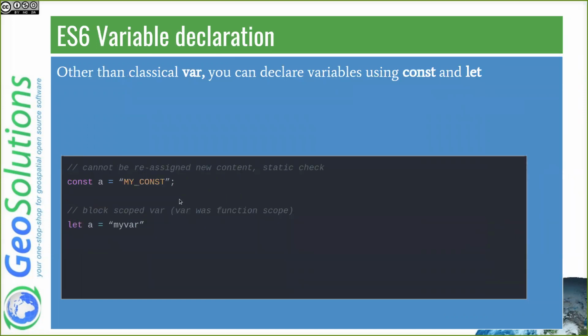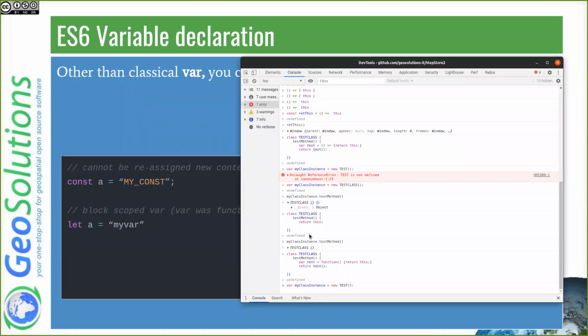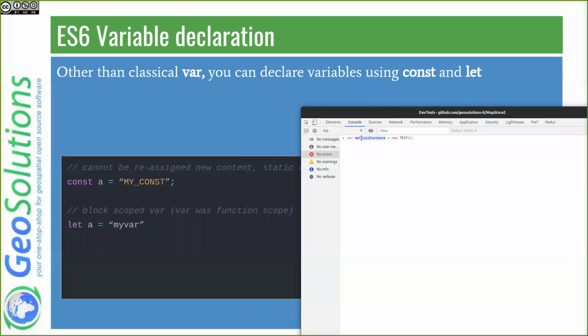Let's go more in. Okay, so we have seen classes, arrow functions. There is also some other way of defining variables. Instead of var, you can define const variables. If I try to assign a new value to a const variable, I am not allowed at runtime.